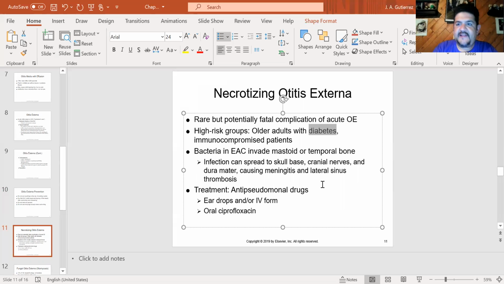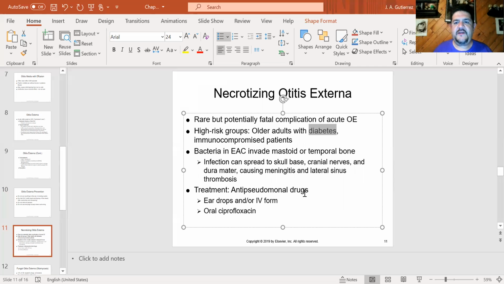Unfortunately, by that time, the tissue dies very fast because it's cartilage. We don't have a lot of blood flow here, so this type of tissue is very easy to necrotize, to die. The most common type of antibiotics are what we call the Pseudomonas drugs.